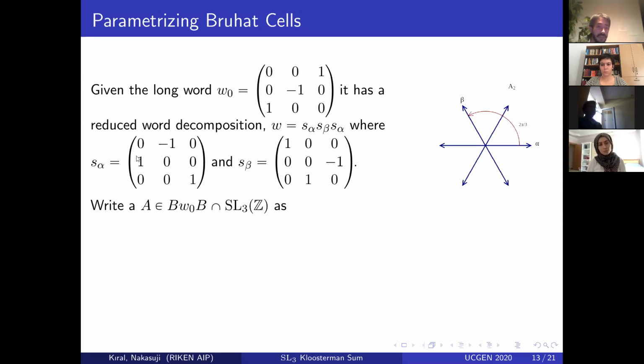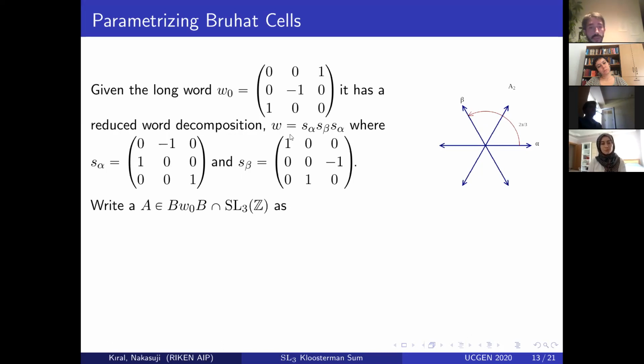And as matrices, we can express them as matrices in SL3. We can express them as basically the same as S in SL2, but in the upper left corner, and S beta the same, but embedded in the lower right corner. So I would like to write an element in, oh, by the way, this should be W0, omega 0.